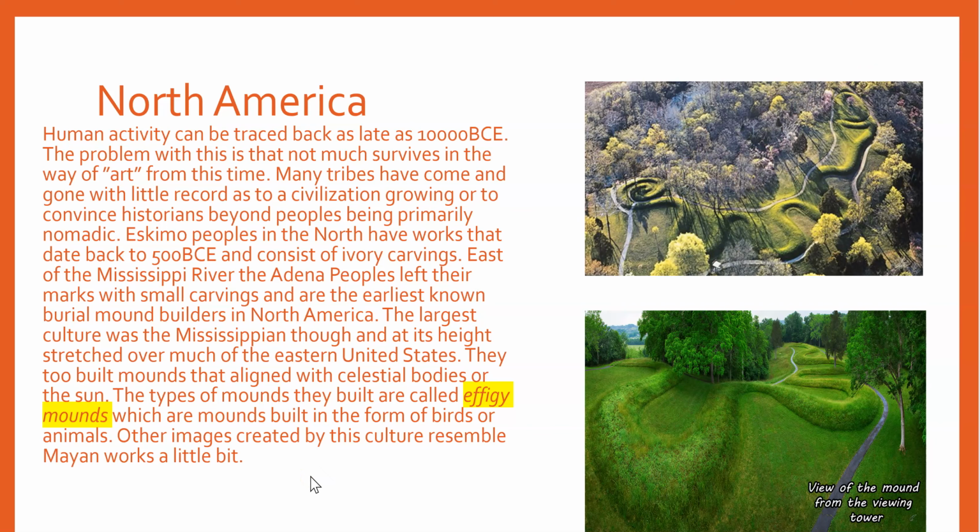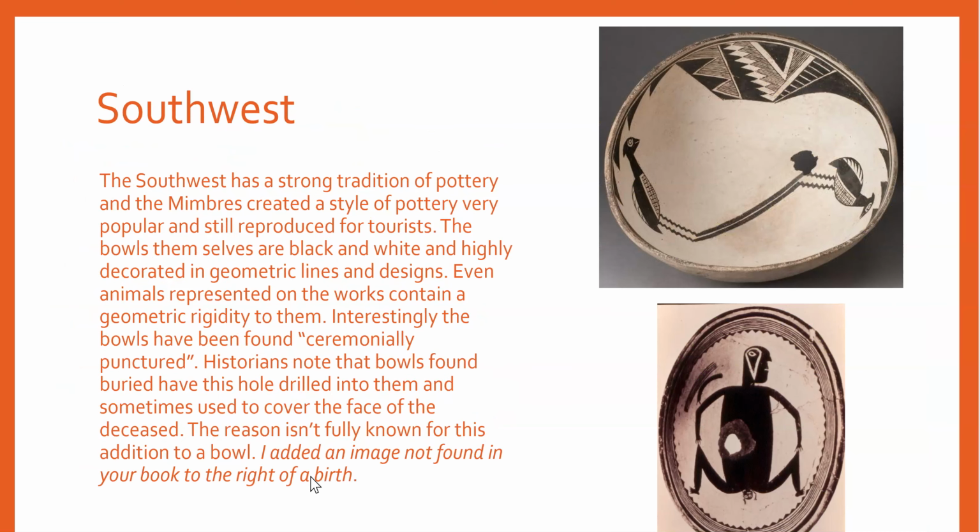So very similar to the Nazca lines, not on the same scale, but that PBS special is talking about it. They also do some really interesting work about North America and the burial mounds there. So please check that out because that gives you a lot of great information.